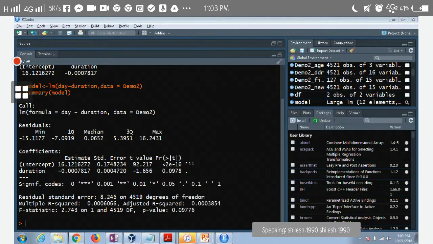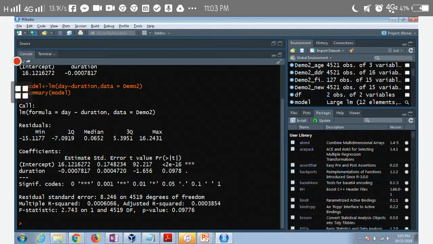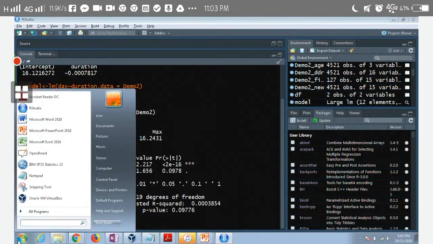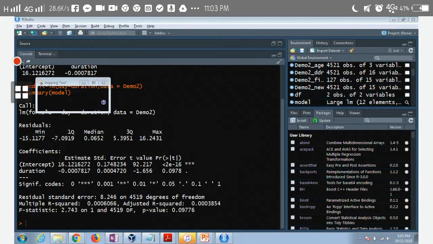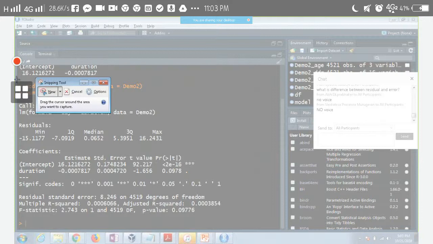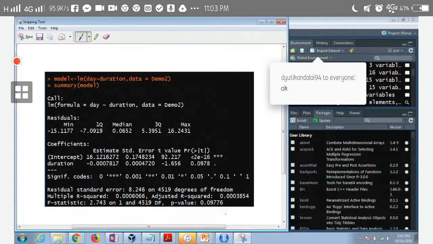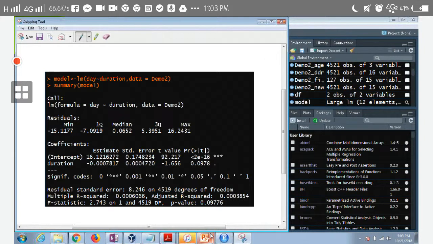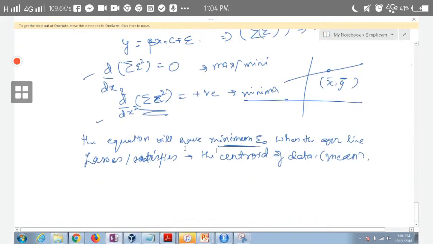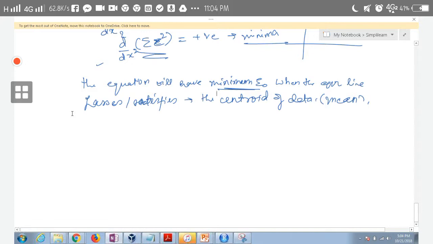Yes. So I'll just take a snapshot of this. What is the difference between residual and error? No difference, just the name. Then I'll cut this section and paste it here, and somewhere here.